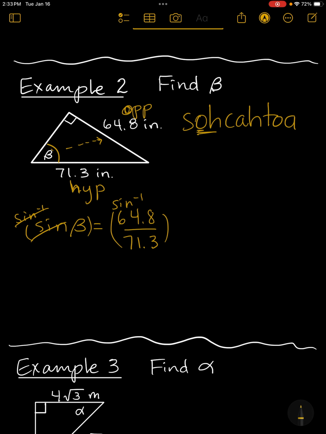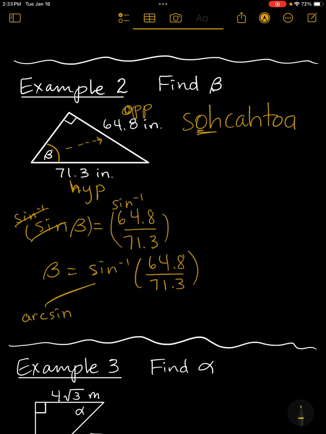And we see that beta equals the inverse sine of 64.8 over 71.3. Again, don't forget to hit second to get the inverse, also known as arcsine.